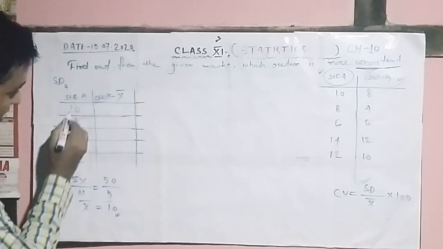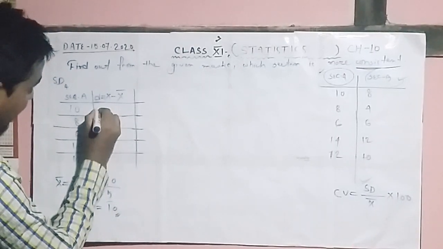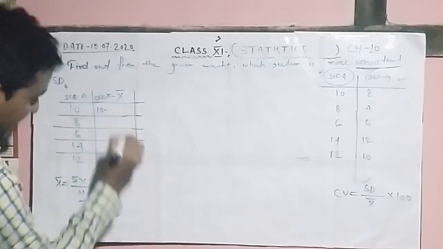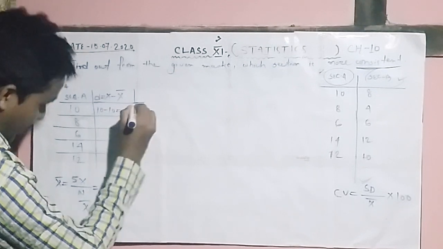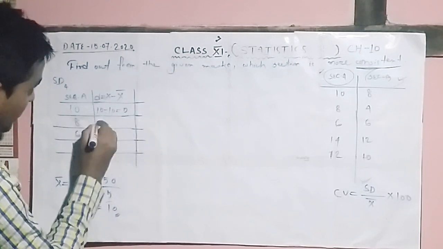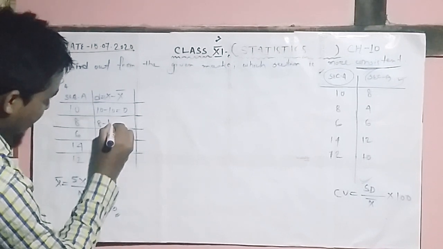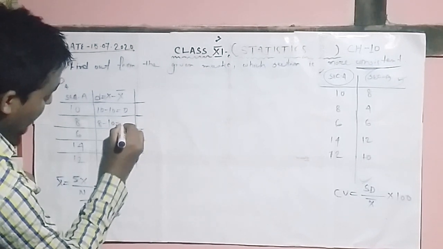Here x is 10 minus x bar, and x bar is also 10. So 10 minus 10, what will be the answer? It is 0. Now the second one is 8 minus 10, so it will be minus 2.